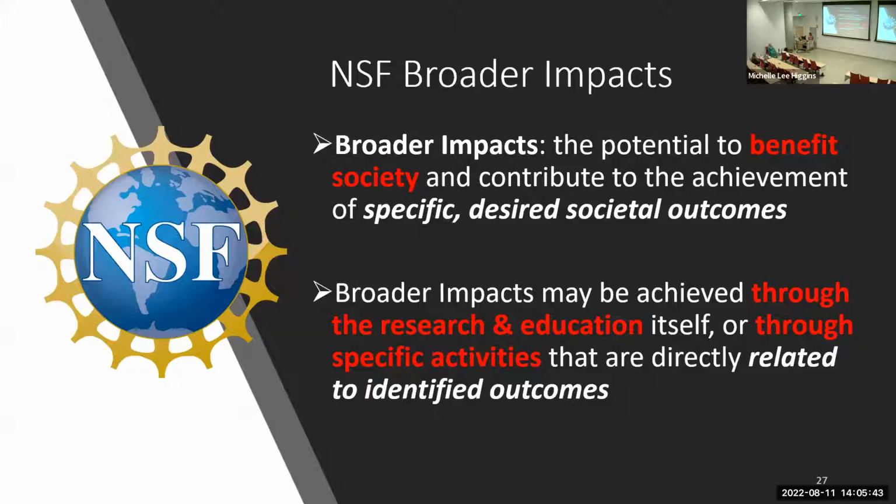So the way that NSF talks about broader impacts is the potential to benefit society and contribute to the achievement of specific desired societal outcomes. Broader impacts may be achieved through the research and education itself, or through specific activities that are directly related to identified outcomes.